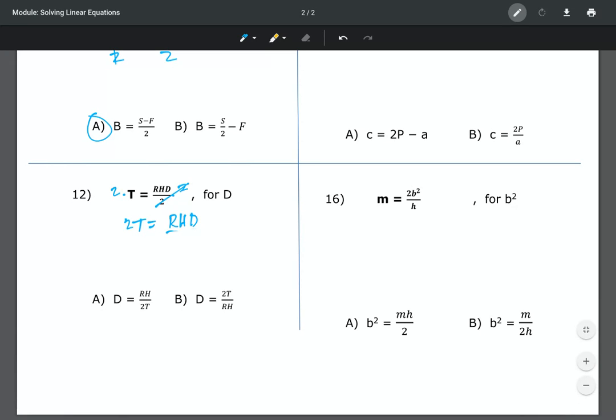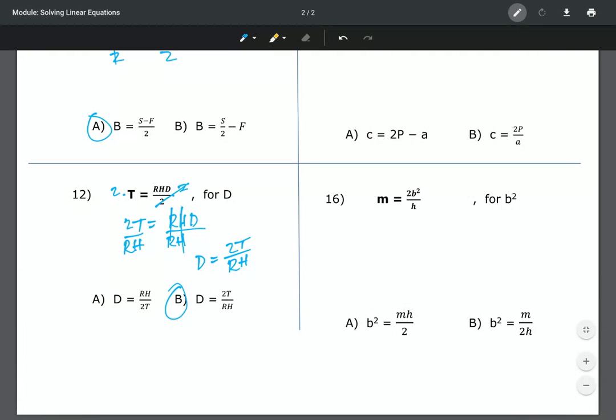And all this is multiplication. So remember, the inverse of multiplication is division. So I can divide by more than one term. So I'm going to divide by RH. So they cancel out. So basically, you're going to have D equals 2T over RH, which this time is answer choice B.